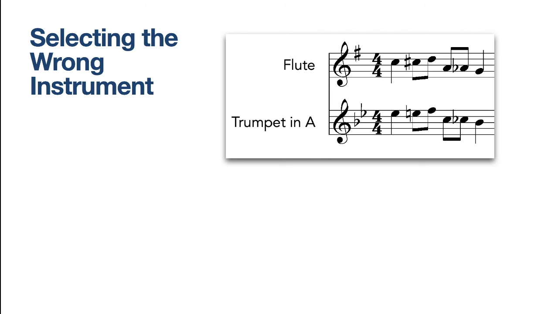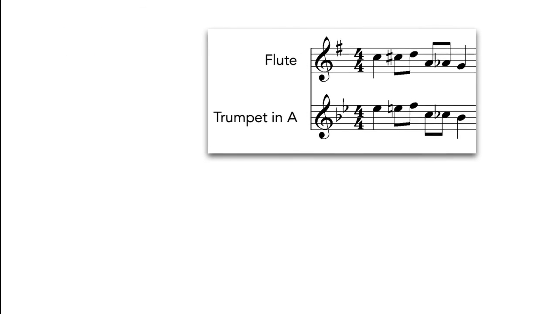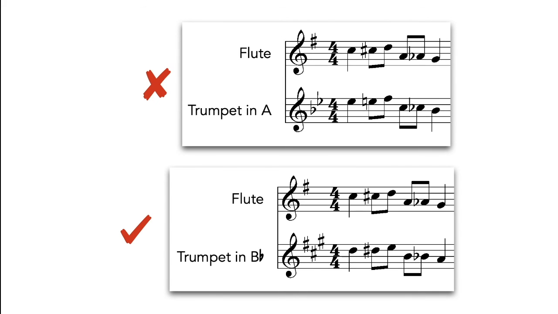This is because we selected the wrong instrument, trumpet in A, which is actually a specialized trumpet used in orchestral settings and is tuned a semitone away from what we described earlier. Unless we happen to be writing for trumpet in A, select trumpet in B flat as our instrument. Then the melody and key signature will be transposed correctly into the key of A.